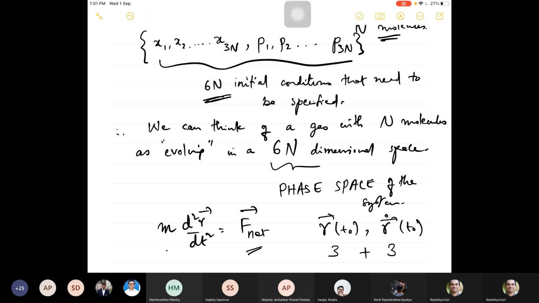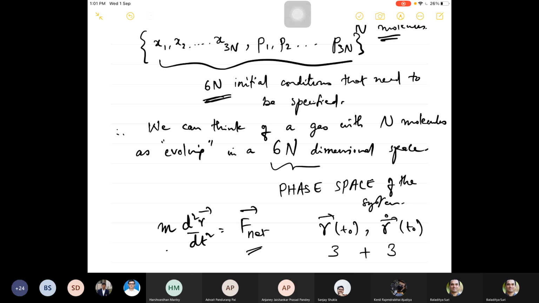In any case, what I'm saying is that forces are part of the definition of the problem. Without knowing the forces, you can't write Newton's laws. And once you know the forces, you write down Newton's laws and solve for the trajectory of the particle. By trajectory, we mean the position at every instant of time and the velocity or momentum at every instant of time.